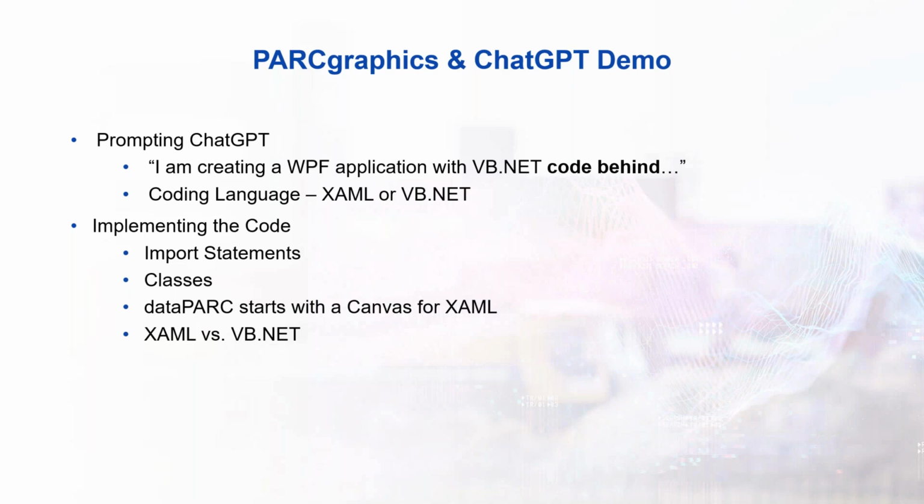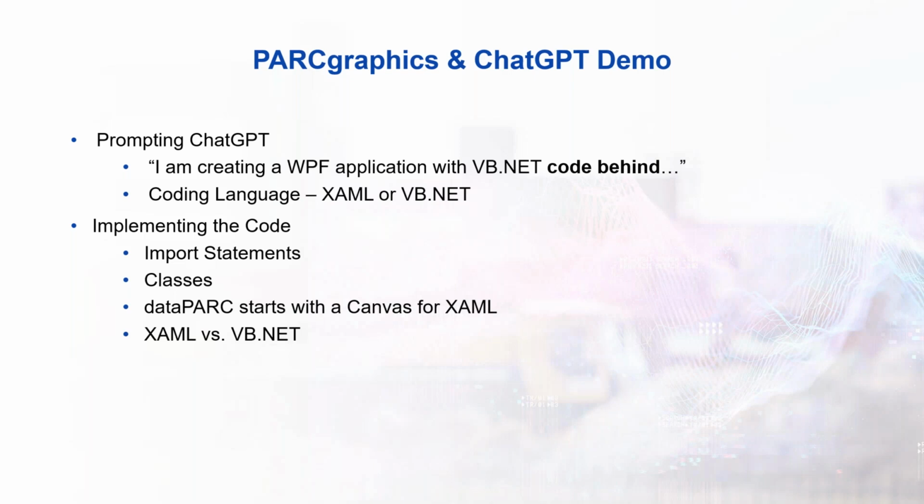I have had GPT write classes for me for objects that I needed to create later in my graphic. And you need to know where to put those classes. Make sure they're in the namespace, not inside the class unless it's going to be a nested class, which I've never done before, but I'm sure there are use cases for that.